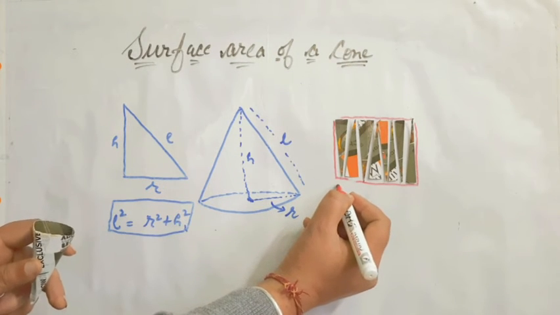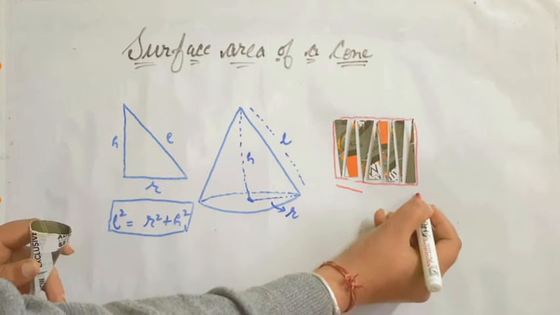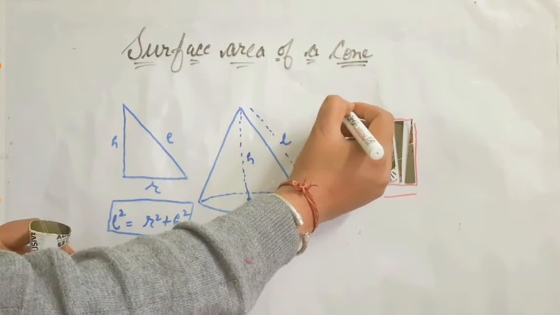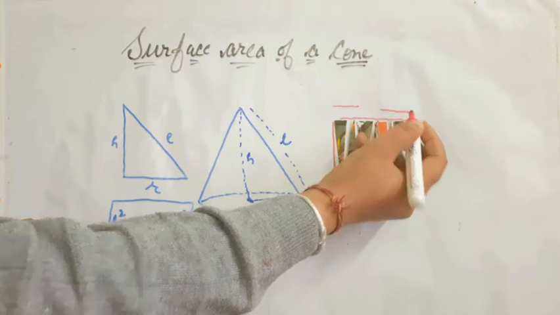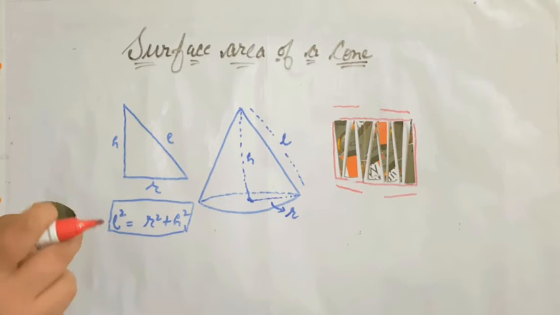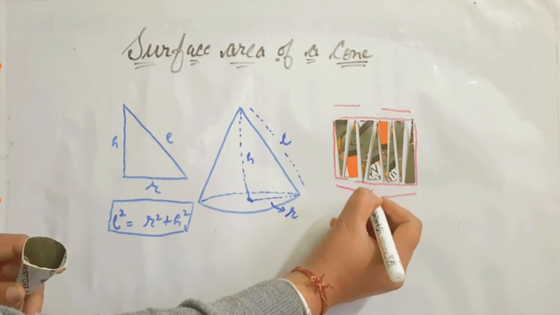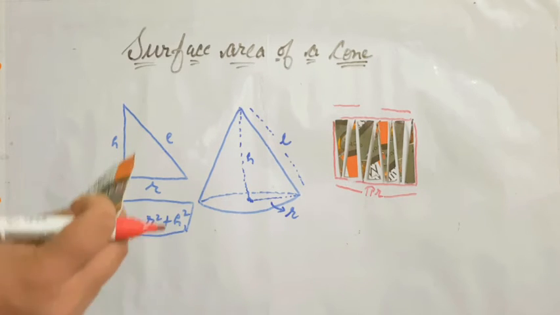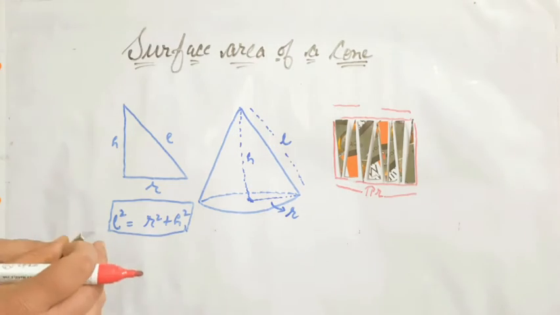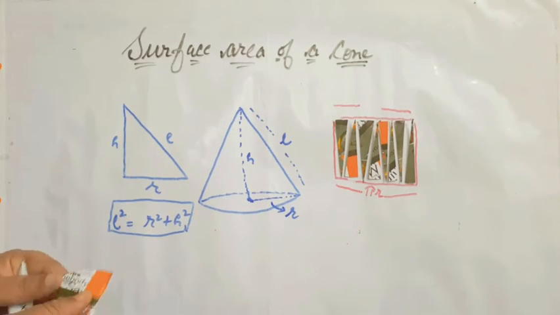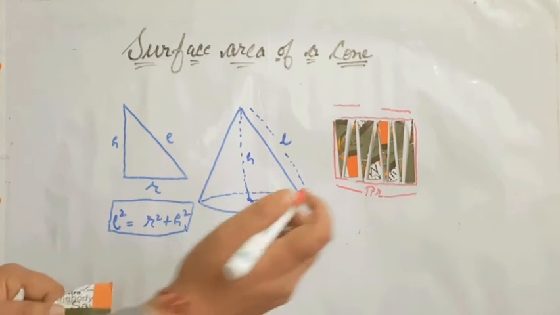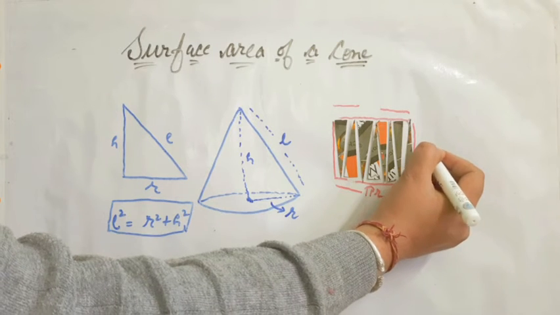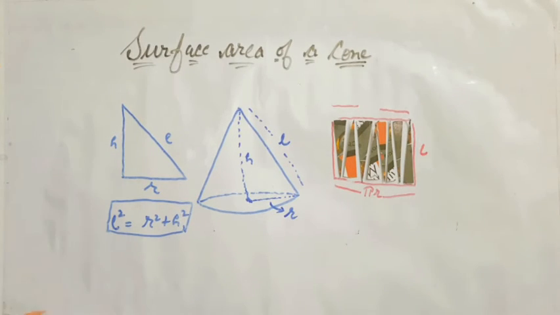Half of the circumference is on this side and half on this side, so half of 2 pi r is pi r. And the radius of the larger circle which I revolved becomes the slant height L, which becomes the breadth of this rectangle.